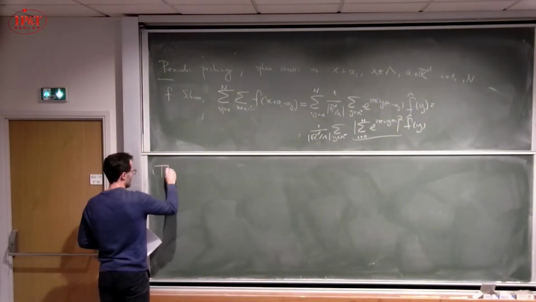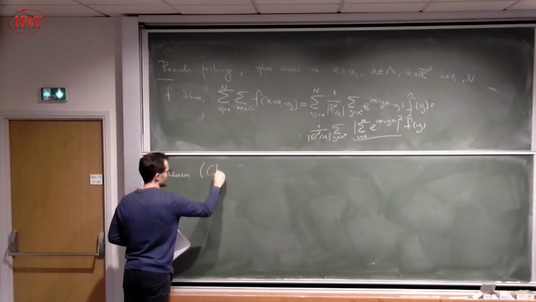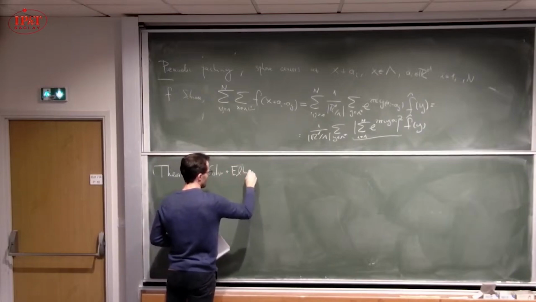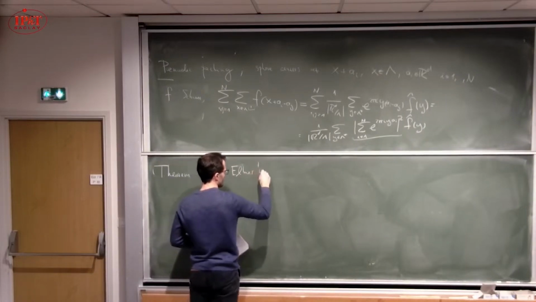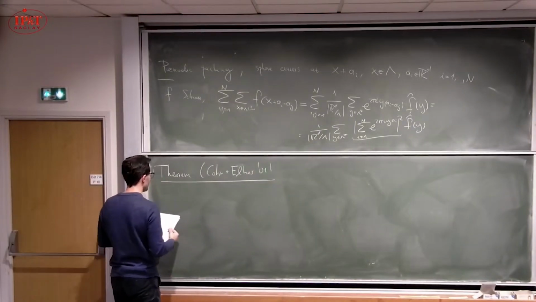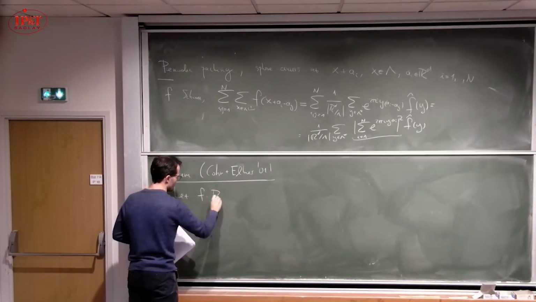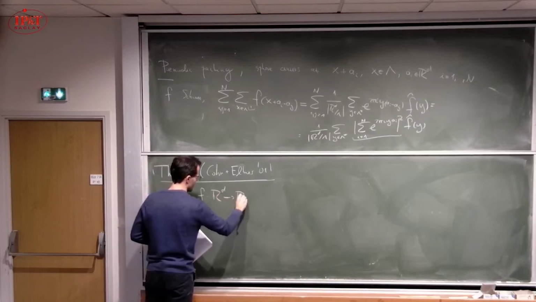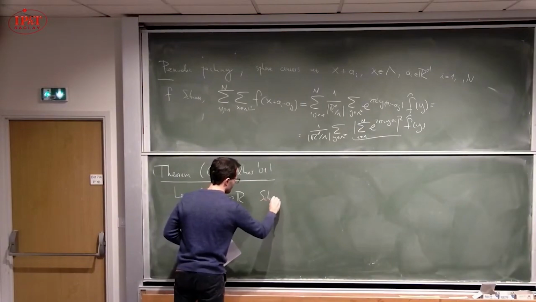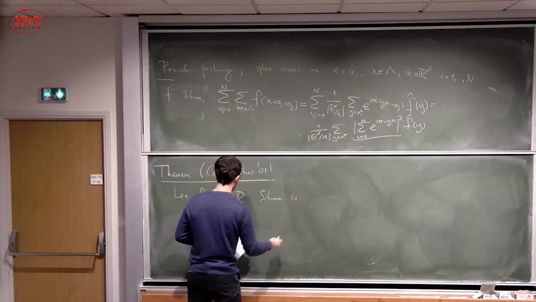Theorem of Cohn and Elkies, which uses this identity. This is, I think, from around 2001. So suppose you have a function f such that the following conditions are true.